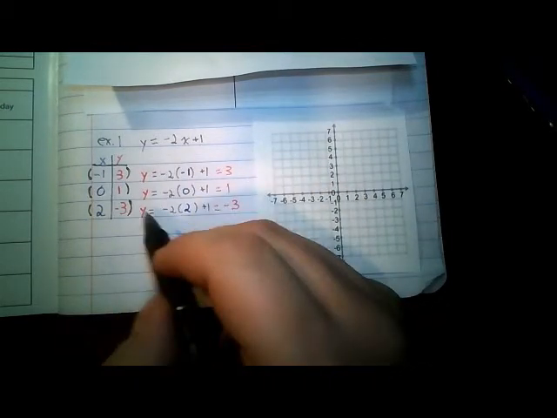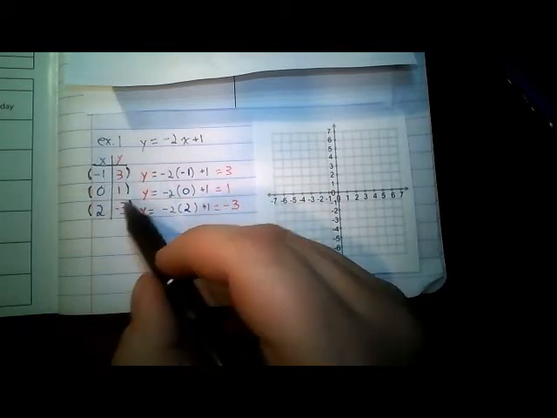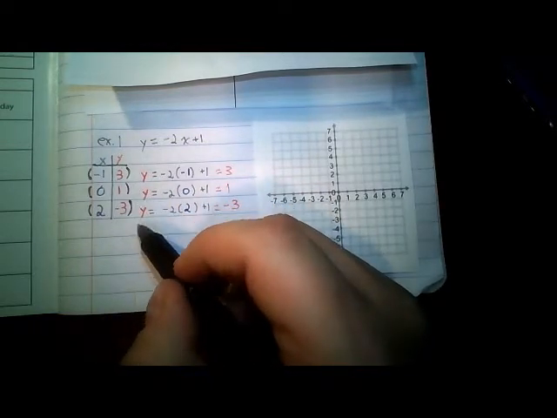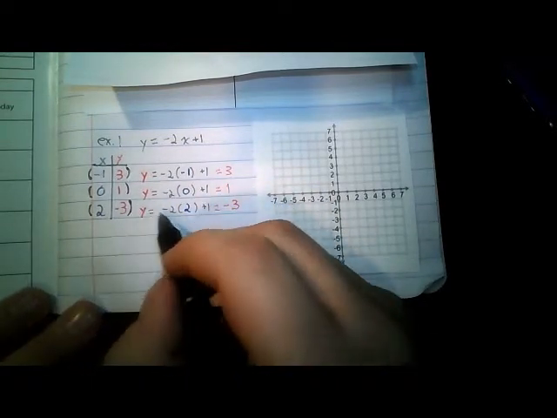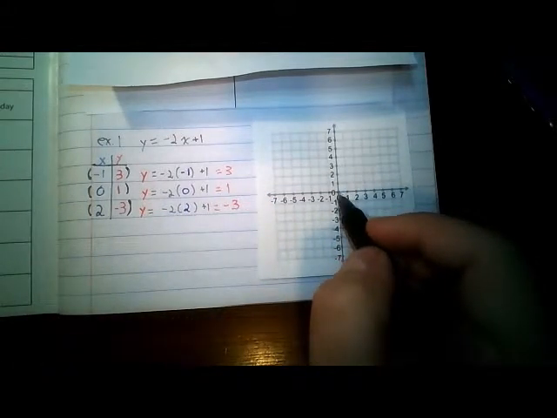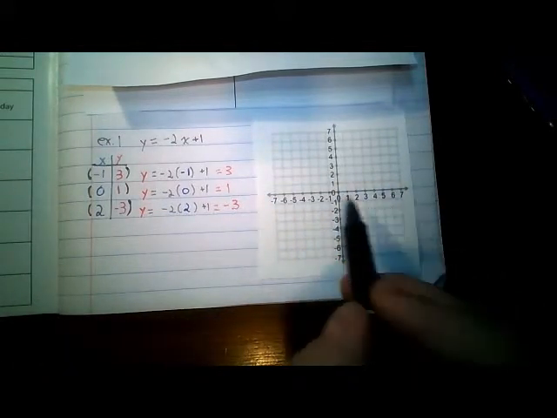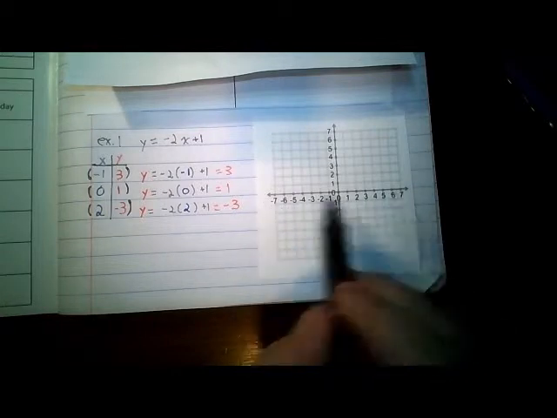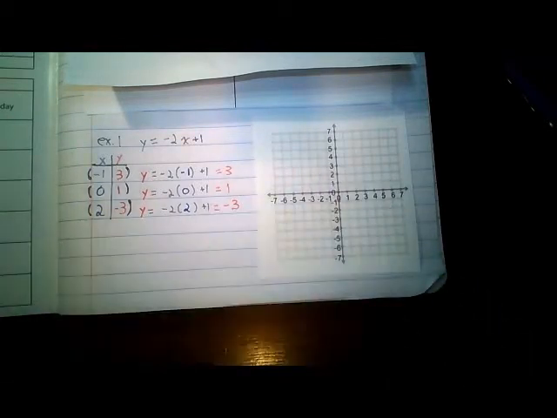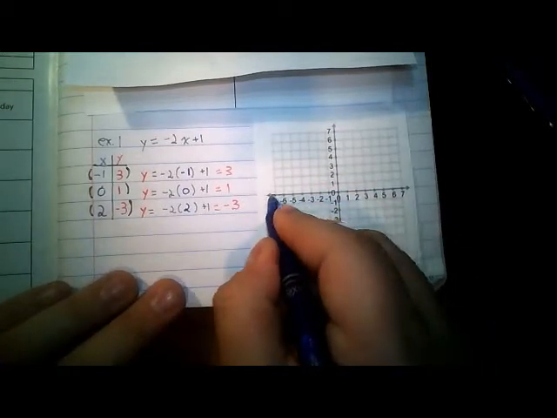So our first step is to make the xy table, and our second step is going to be to graph these points on this line. Okay. Now, the horizontal numbers, those are the x values. Okay, so I'm going to shade that line in blue.